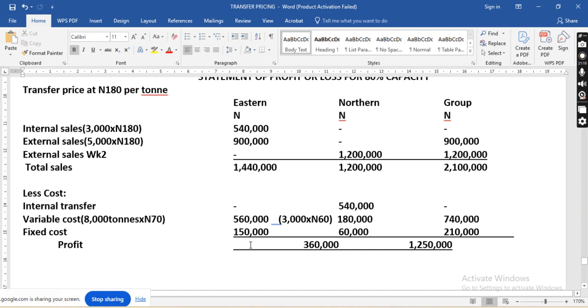Okay. So what is the profit? This is 730. What is the profit for this?